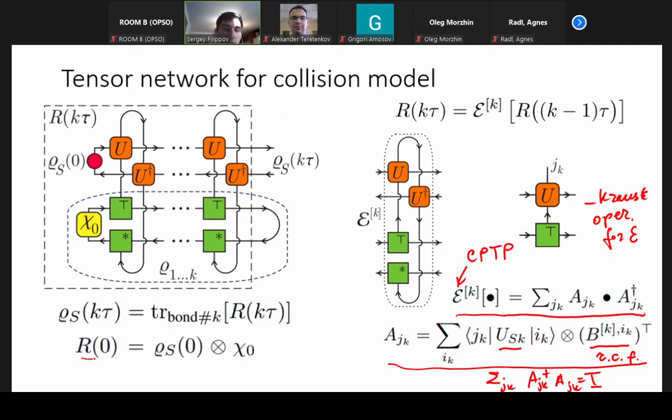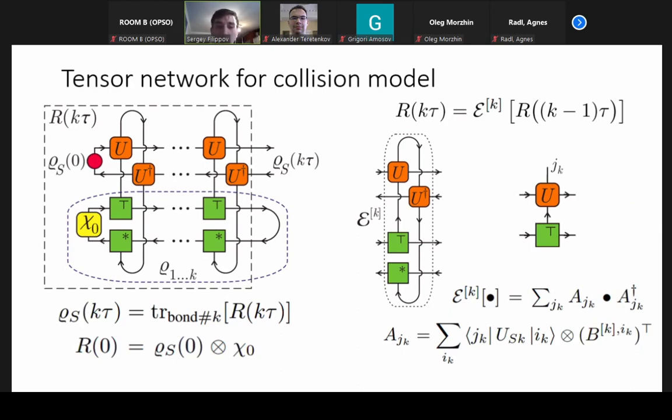And since R is a density operator for the system and bond degrees of freedom, the evolution of operator R is given by those channels, completely positive and trace preserving maps. And it is exactly the manifestation of the Markovian embedding. So we sequentially apply completely positive trace preserving maps to the extended system-bond density operator R and have the dynamics. And this leads to the following mathematical theorem.